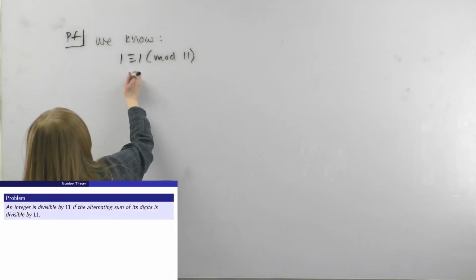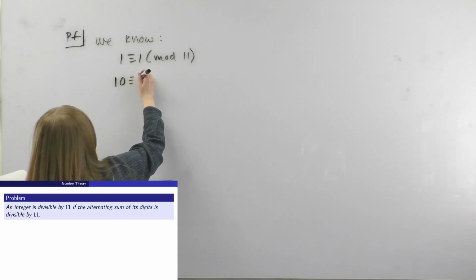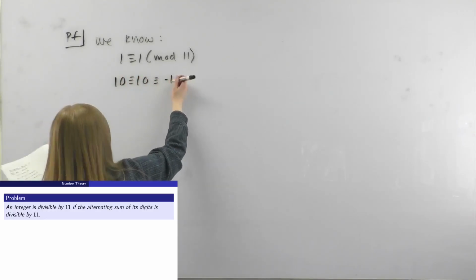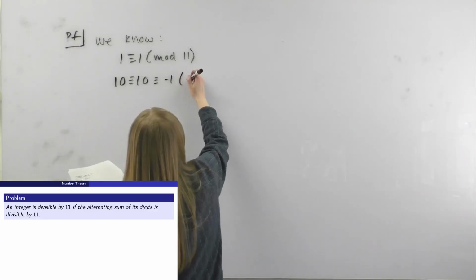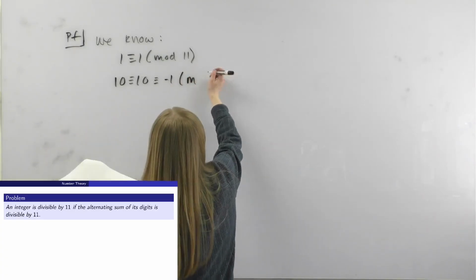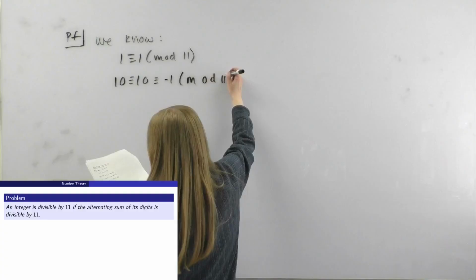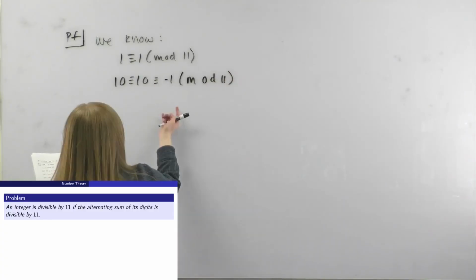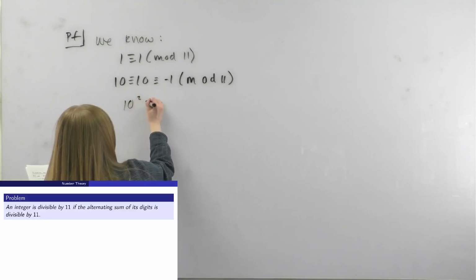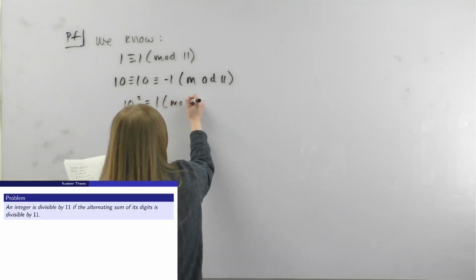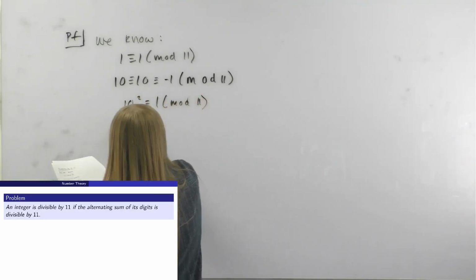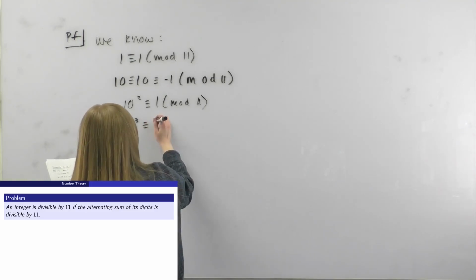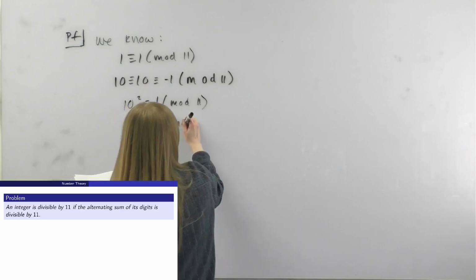And then 10 is congruent to negative 1 mod 11. And so we can start squaring both sides. So 10 squared is congruent to 1 mod 11. And then 10 cubed is congruent to negative 1 mod 11.